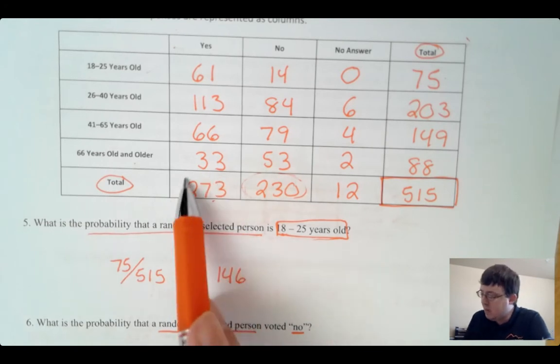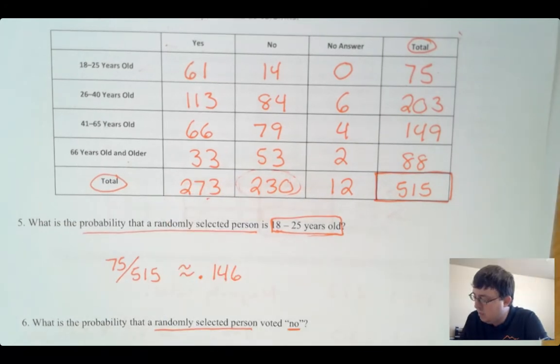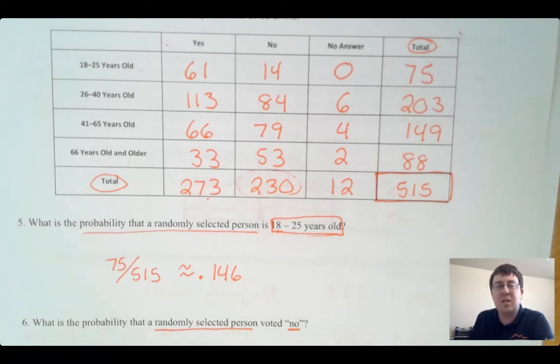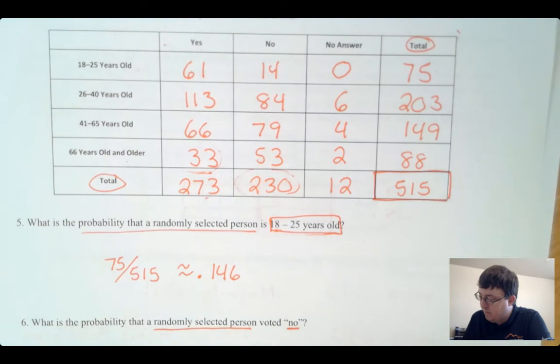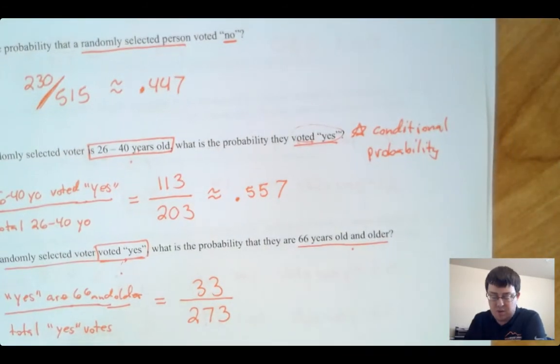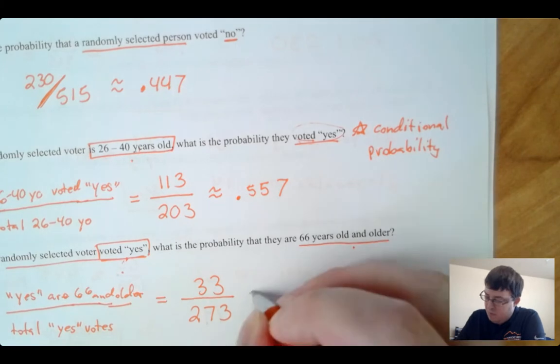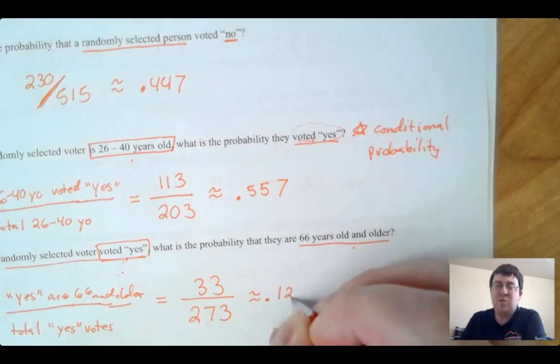So that's going to be my denominator. And then my numerator is the yes votes that are specifically 66 years old and older, which are just these 33. So I should end up getting 33 over 273, which is about 0.121 or about 12.1%.